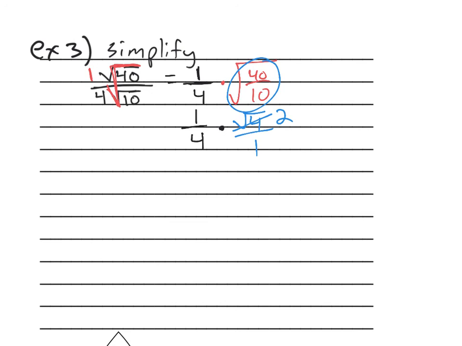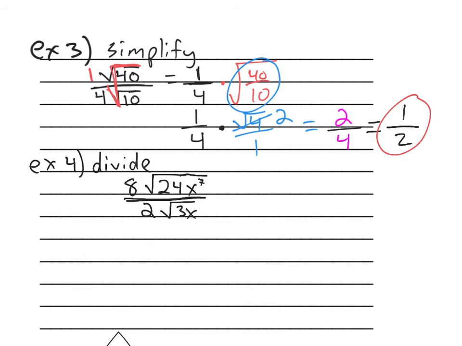We end up with 2. So now we multiply straight across: our numerator, 1 times 2 to get 2, and then down the bottom, 4 times 1 to get 4. Then look to simplify that fraction, and we can. What number are we going to use to reduce it? It's going to be 2, and that reduces to 1 over 2, and that's our final answer for that example.